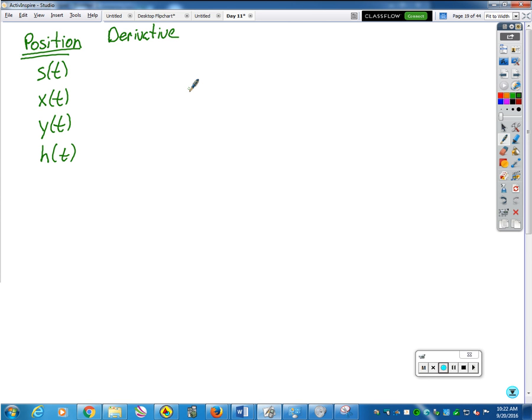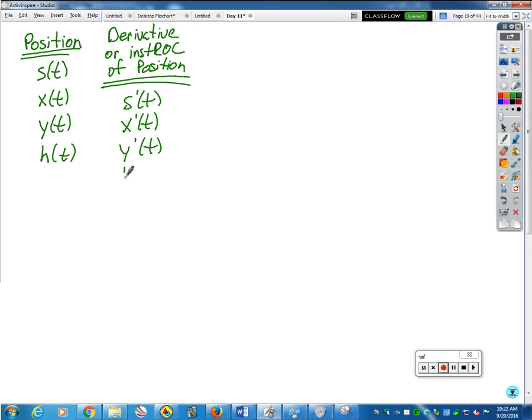So derivative, or instantaneous rate of change of position. That's this column. So this column is s prime of t, or x prime of t, or y prime of t, or h prime of t.